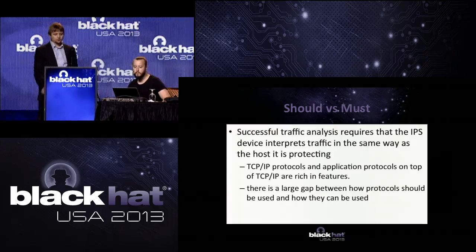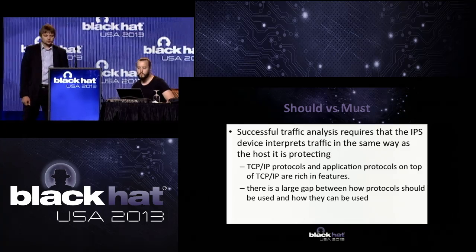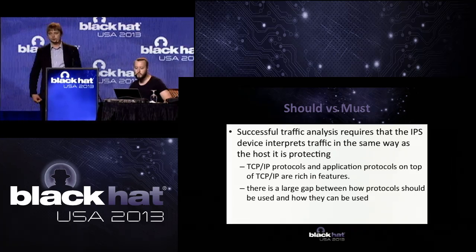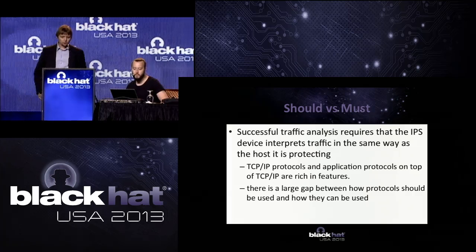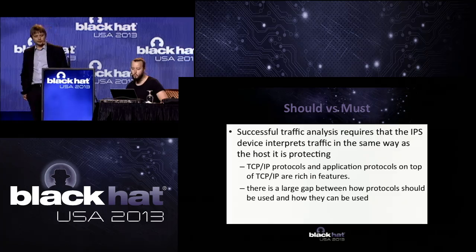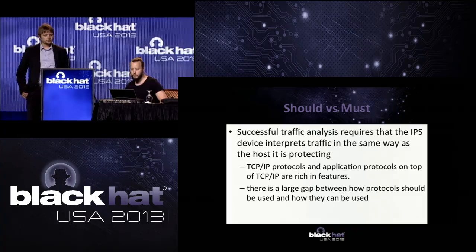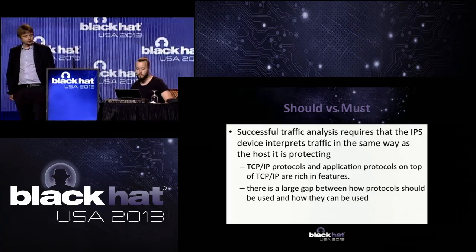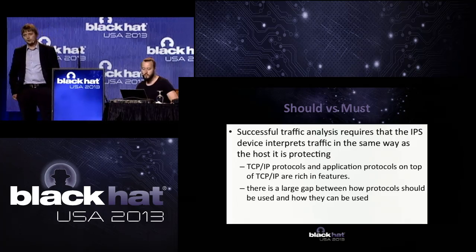So for successful traffic analysis, an IPS requires that the IPS device is actually able to interpret traffic the same way as the host that it is protecting. So there's a problem that TCP/IP protocols and applications are really rich in features. And there is actually a very large gap between how the protocols should be used and how they can be used.